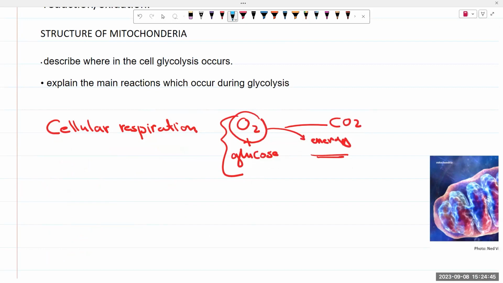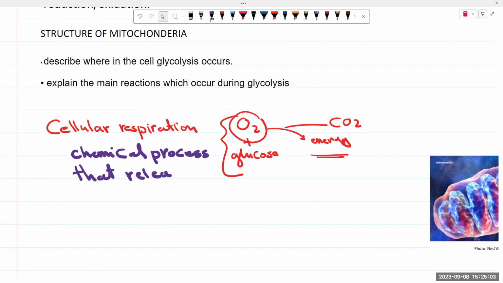So cell respiration is a chemical process that releases energy from the food.